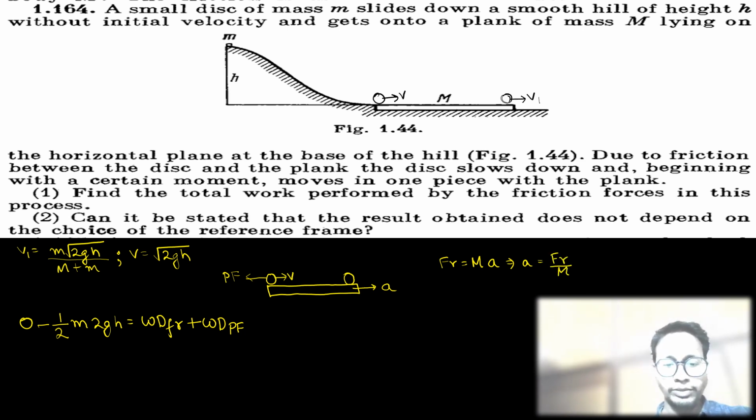So this pseudo force is nothing but mass of the body into acceleration of the frame of reference in the opposite direction. What is the acceleration of the frame of reference? Friction force divided by mass of the slab. Acceleration of the frame of reference is nothing but friction force divided by mass of the slab.